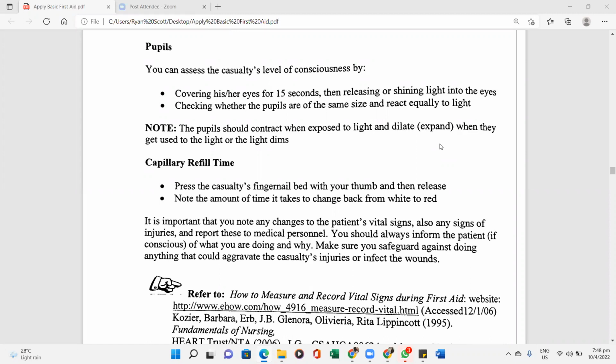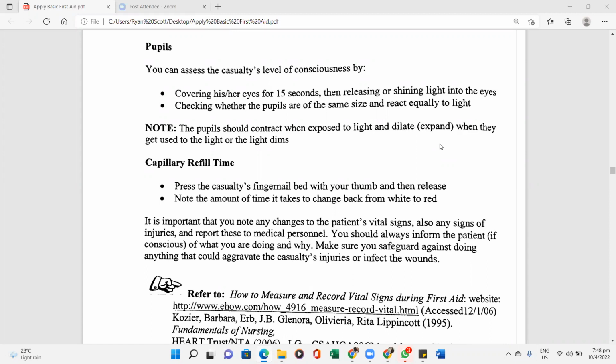If it gets smaller, then it means that it's responding to light. If it remains dilated, it means that it's not responding to light. Okay? The pupils should contract when exposed to light and dilate when they get used to the light or the light is dim.